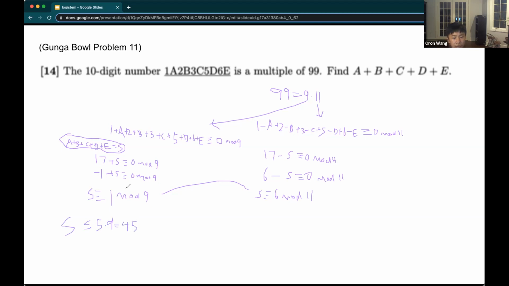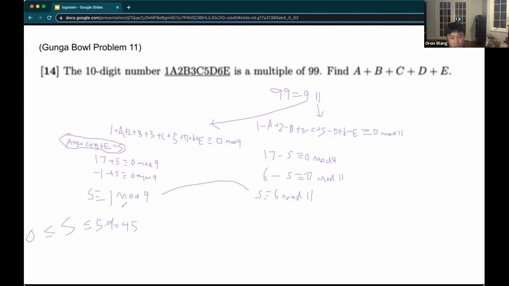So we want to find a number s such that it's 1 mod 9, 6 mod 11, and less than or equal to 45. Actually, sorry, it has to be non-negative since each of these digits can be 0. So we also have s is greater than or equal to 0.